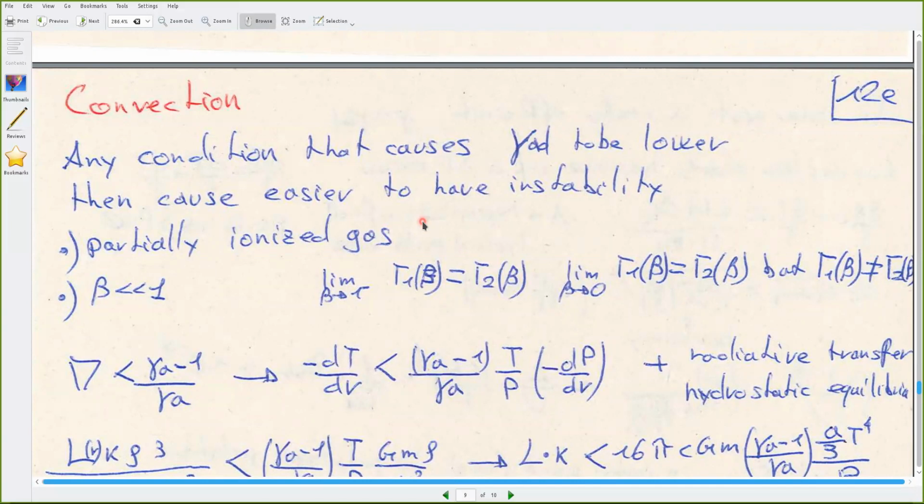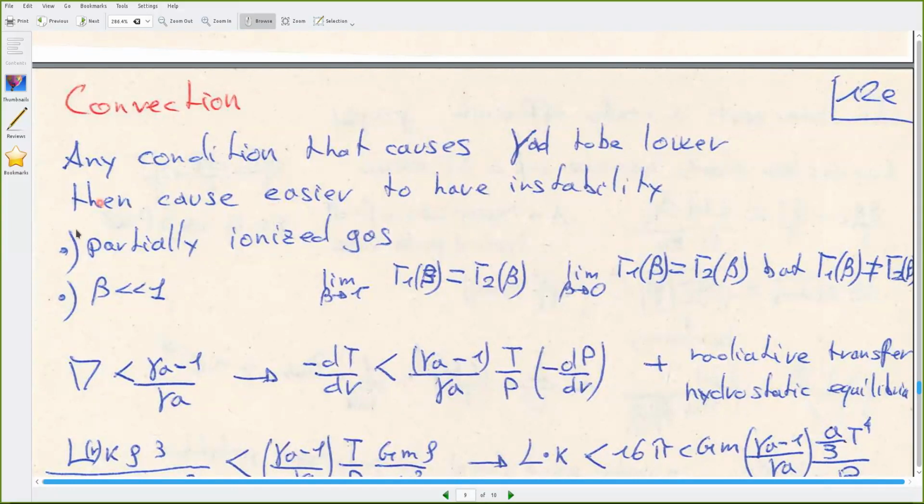That means that the instability of the convection is easier under any condition that causes this coefficient to be lower. As we also saw yesterday for the dynamic instability, when there is a condition that lowers the adiabatic coefficient, the convection will be easier to set in.